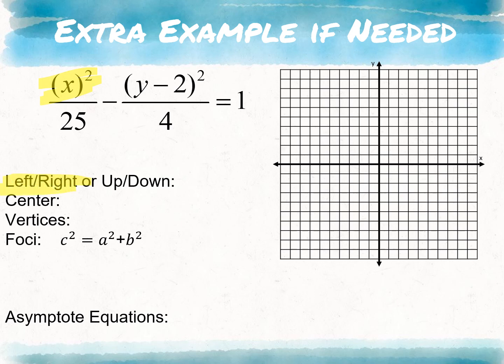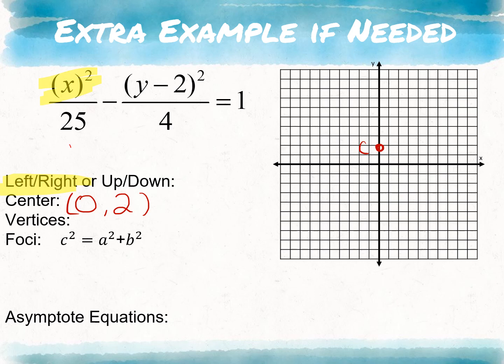The center point exists at, well, there's nothing being added to the x, so it's 0. Looks a little different, right? The y value says -2, so I write +2. So 0, 2 is my center. Okay, so it looks a little different, just shift it up a little bit. Vertices, it's left to right.